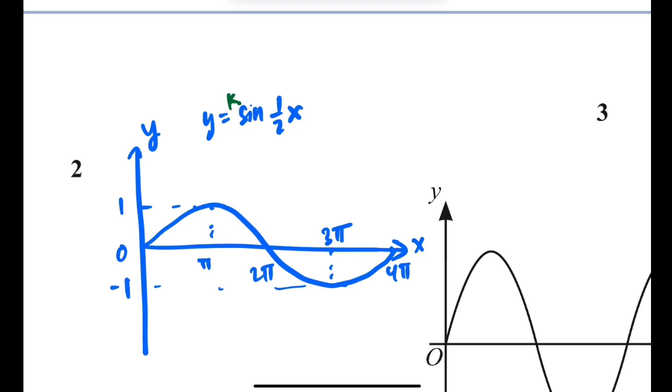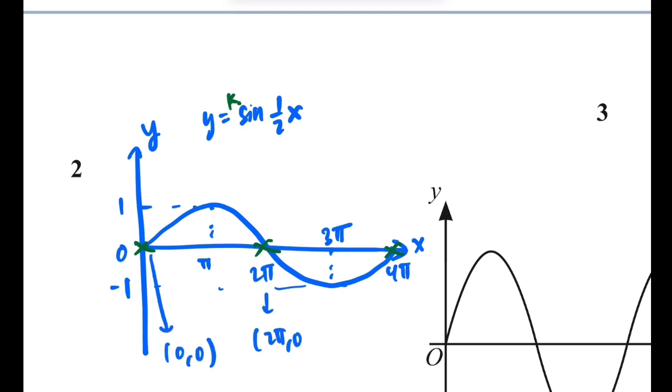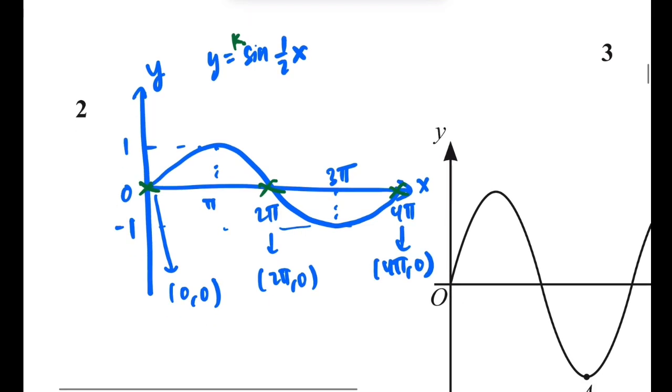Since we have the intersection here at 0, of course, with the value of y equal to 0, let me write the coordinates again: 0, 0, 2 pi, 0, and this one is 4 pi, 0. If we times the y by k, this one by k, and this one by k, it will not make any changes. So the intersections will stay like that.